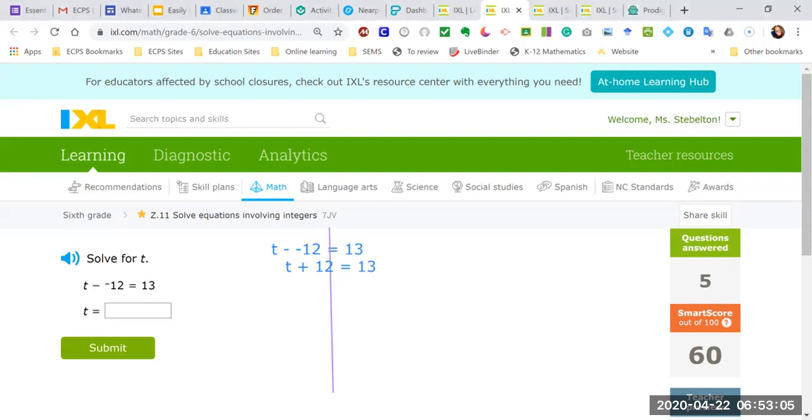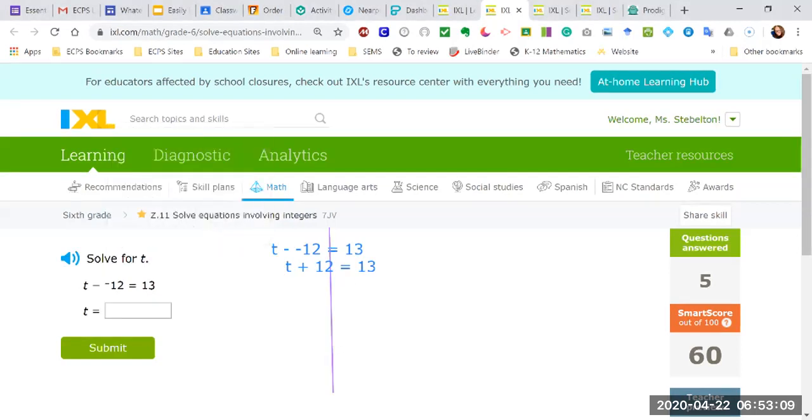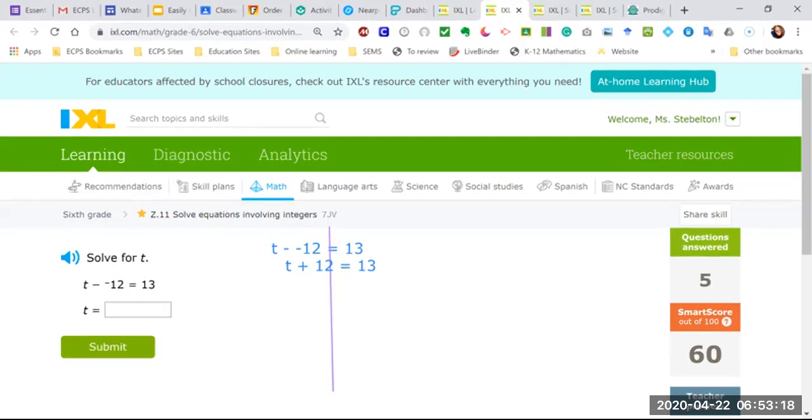I'm going to move this if it'll let me. Apparently it won't. Okay, so we're just going to go ahead and solve. Now, we do an opposite operation to solve. Because we're adding 12, we are going to subtract 12. We're going to say minus 12 and do the same thing on the other side.